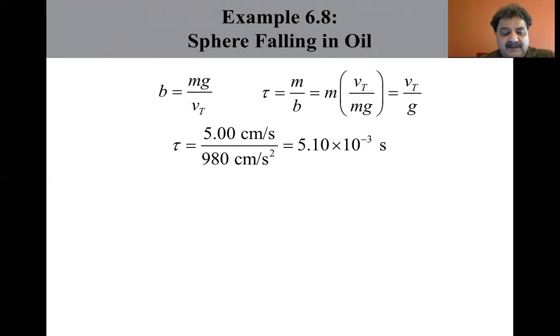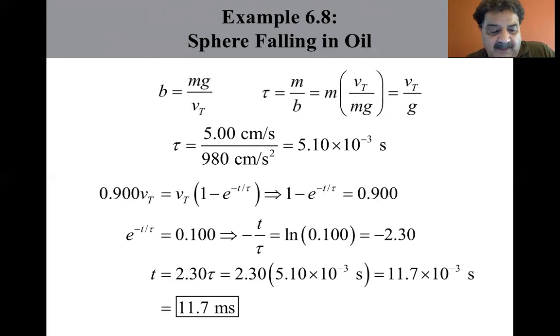Now let's find the time t at which the sphere reaches a speed of 0.9 of terminal velocity by setting v equal to 0.9 v terminal and solving for t. And here we go. 0.9 times v terminal equals v terminal times 1 minus e to the minus t over tau. The v terminals cancel. We get 1 minus e to the minus t over tau equals 0.9.